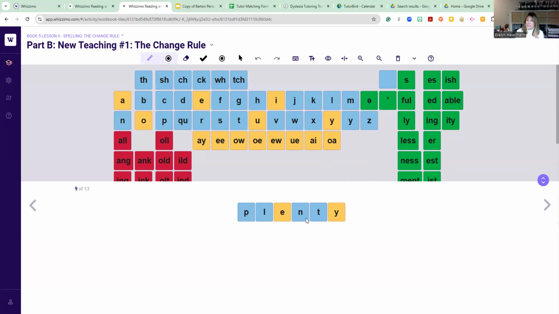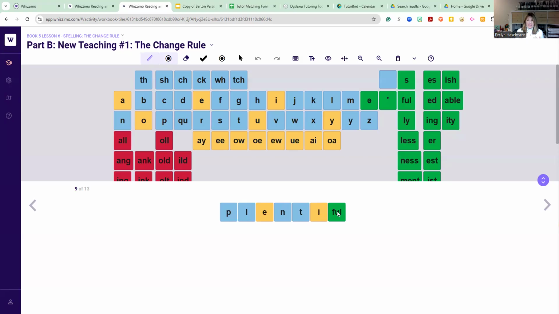Something interesting happens on occasion to some of these words when we change them from 2 syllables to 3 syllables. Plenty to plentiful. Now, we did teach this today, and my client did not know what the word plentiful meant standing on its own. But when I used it in a sentence, he was able to understand it.